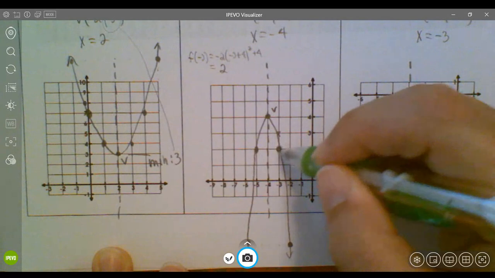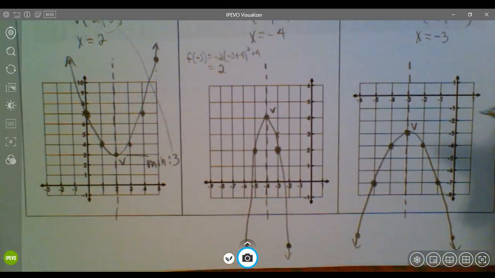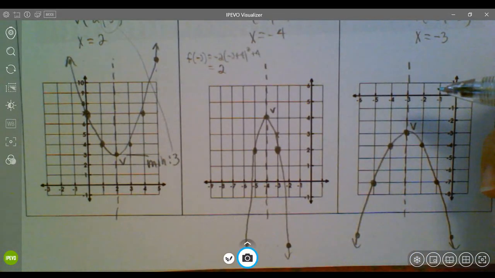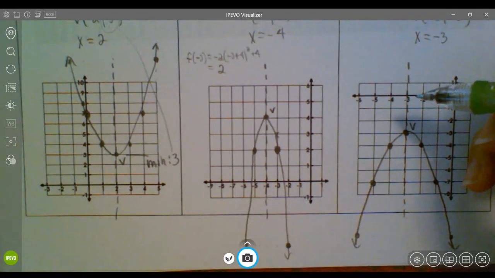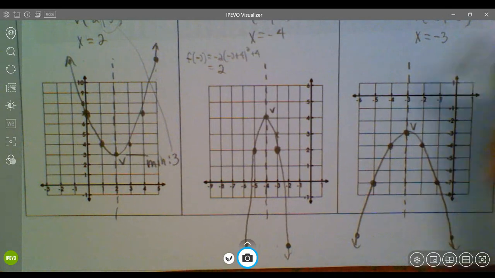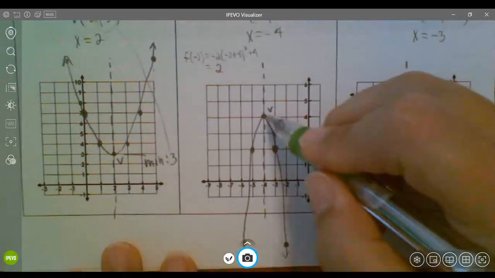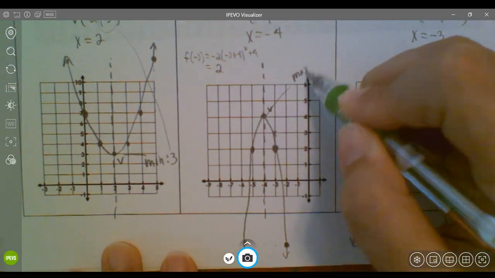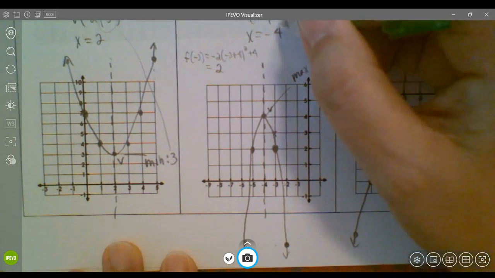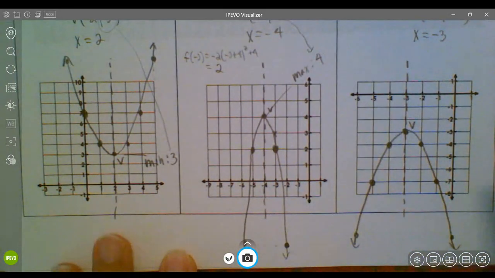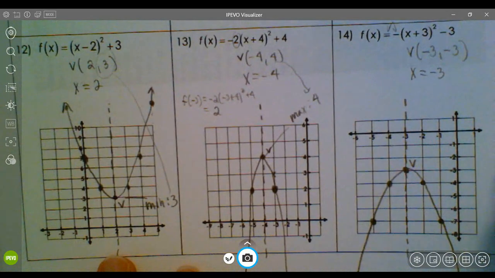There it is right there. Okay, and then you get that point for free. That's all I'm doing. And again, I'm showing you how the function is built. If you need to substitute, please substitute. FYI, the max is 4. My y coordinate of the vertex is 4.